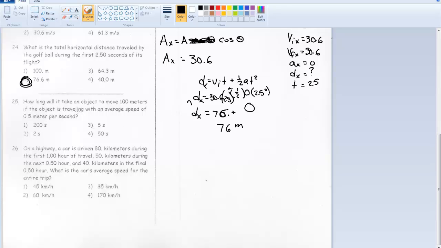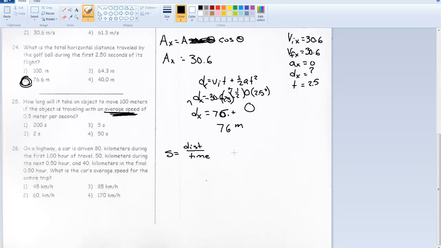All right, 25. How long will it take an object to move 100 meters if the object is traveling with an average speed of 0.5 meters per second? So when you see this right here, average speed, you need to use your average speed formula from your reference table. Right? This is not a constant acceleration equation. This is average speed. Speed equals distance divided by time.